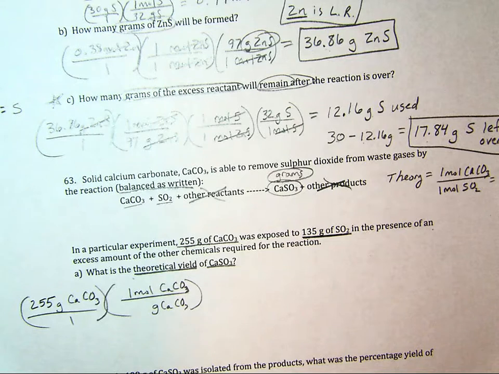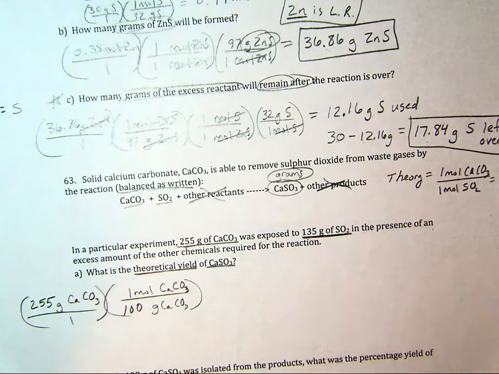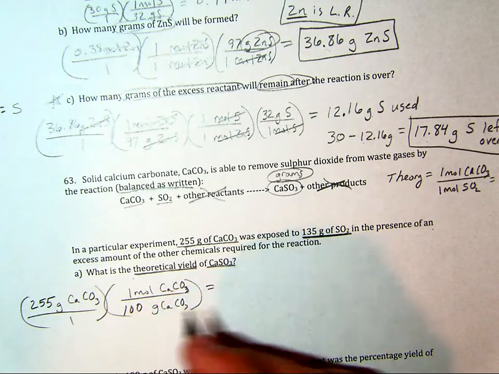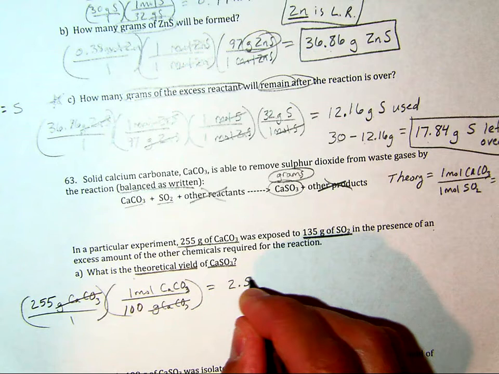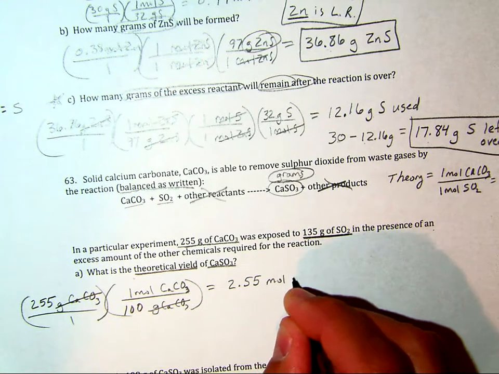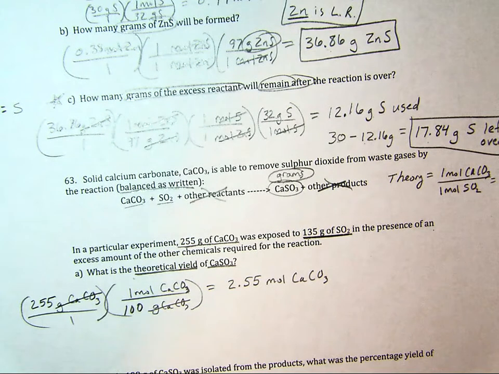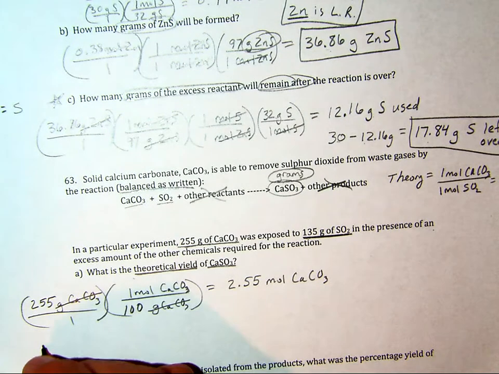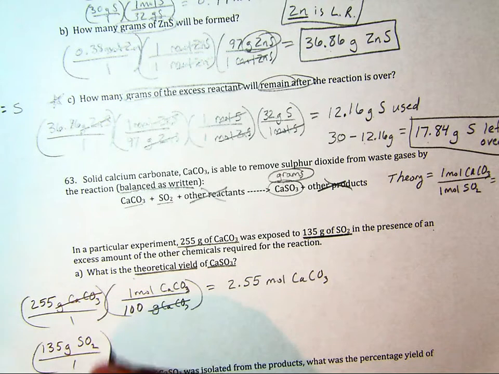And calcium carbonate, I'm getting that it's 100 grams. Okay, so 255 divided by 100 gives me 2.55 moles of calcium carbonate. Well, that's one of my reactants. Let's do the other one. 135 grams of sulfur dioxide. Put it over 1.